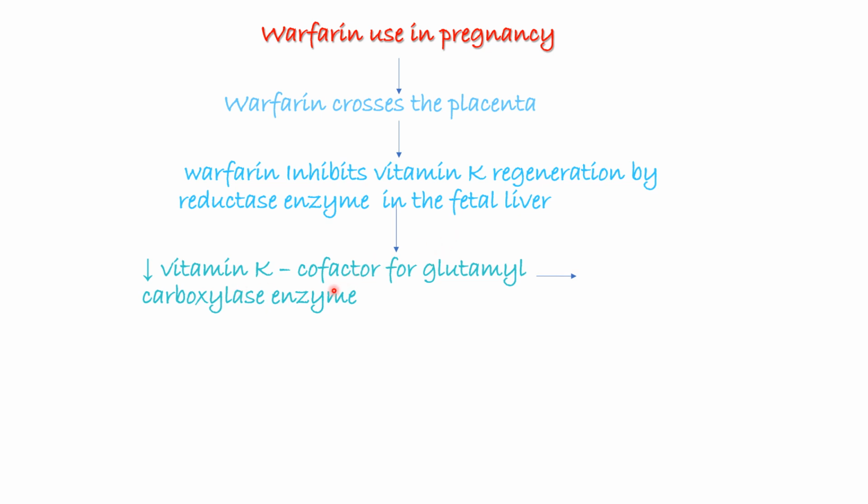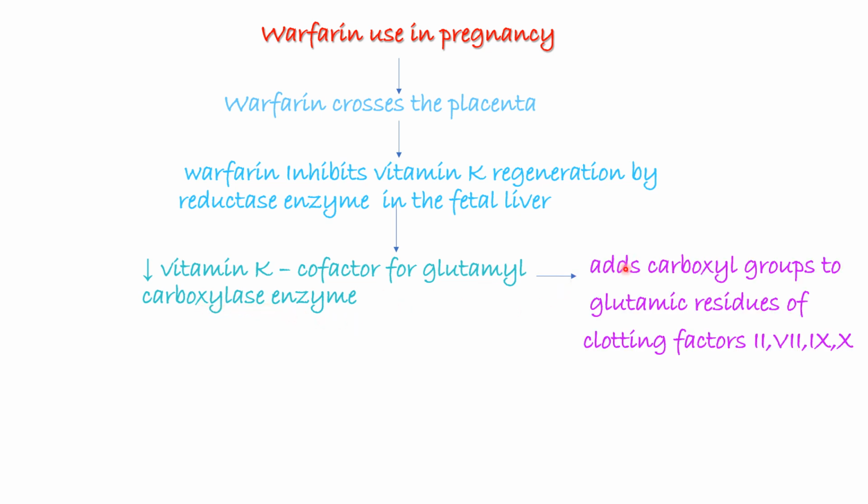In the fetus, we'll have decreased vitamin K, which acts as a cofactor of the glutamyl carboxylase enzyme. This enzyme usually adds carboxyl groups to the glutamate residues of which factors?